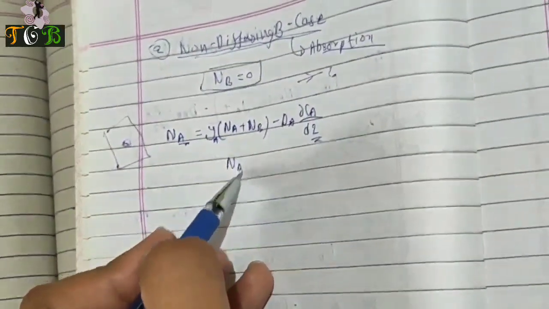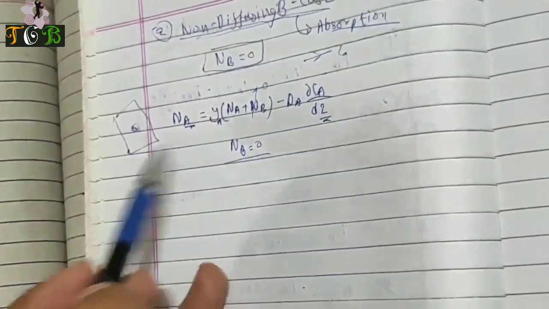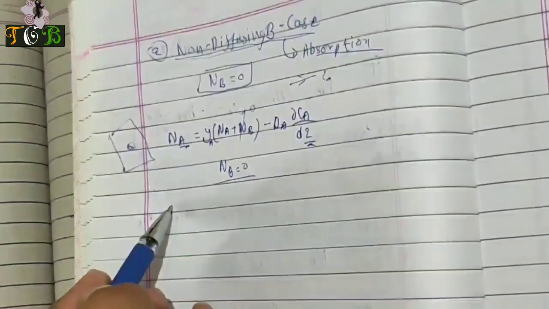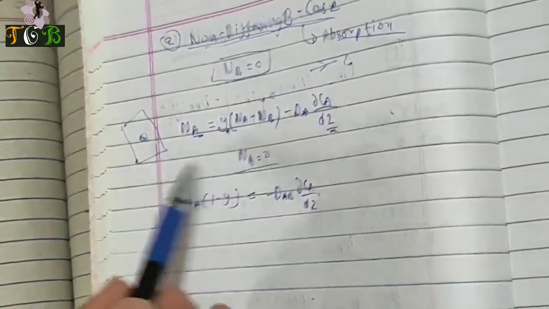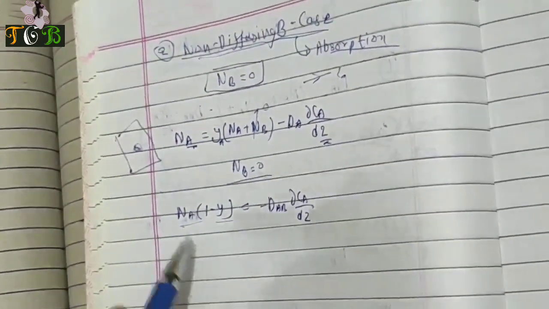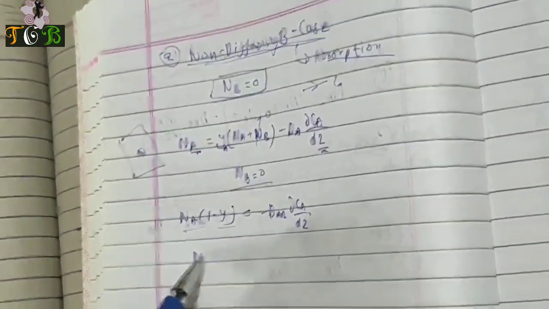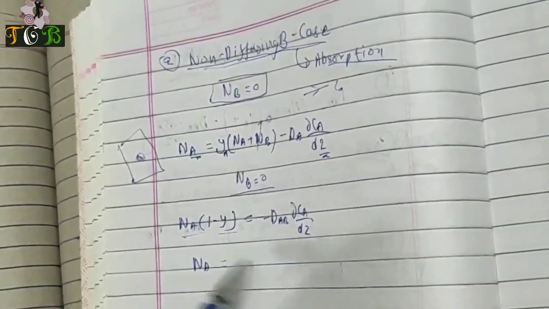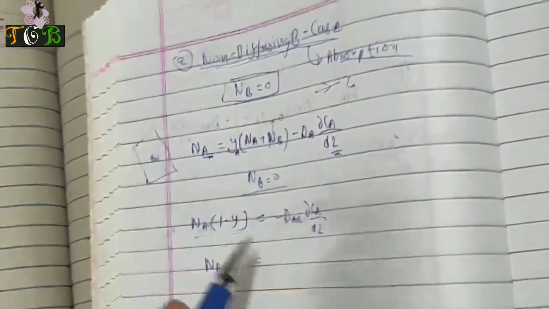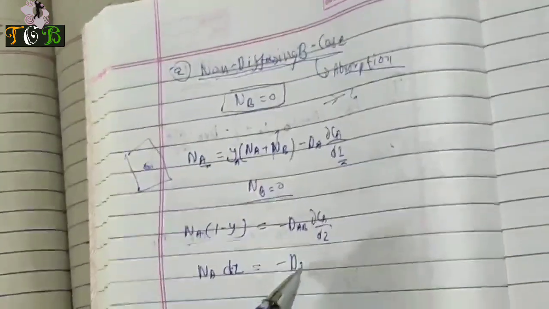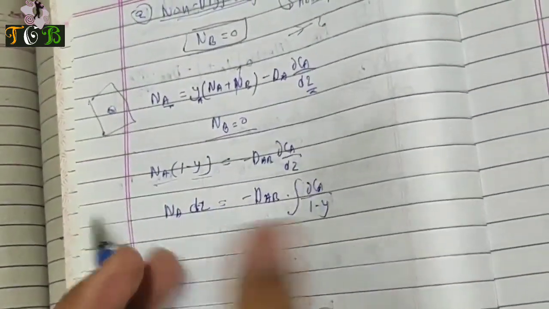Now put Nb equal to 0, and when you put it 0, just transfer it here and you will get Na. Now Na will be equal to, transferring this dz over here, and here we'll have dCa, so minus Dab into. Okay, so this is what you will get.